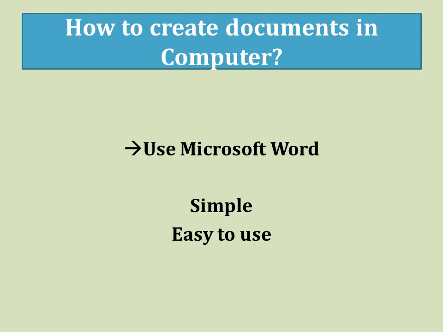There are many other applications that you can use for writing documents, but Microsoft Word is preferred for a few reasons. It is very simple to use, and it is very user-friendly. User-friendly means that even children of your age can learn it very easily without facing hurdles.